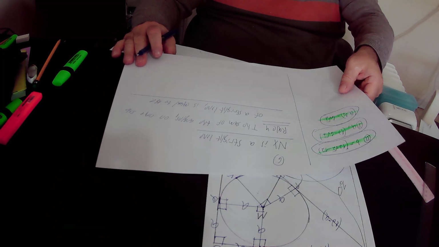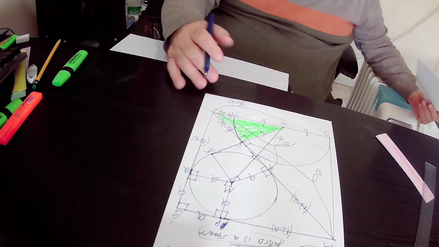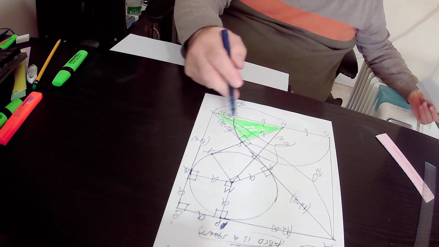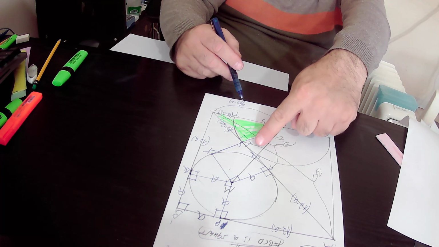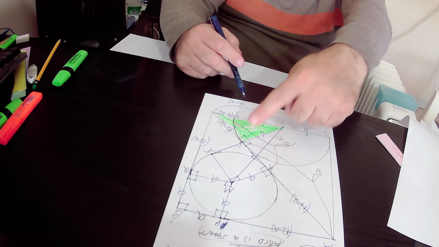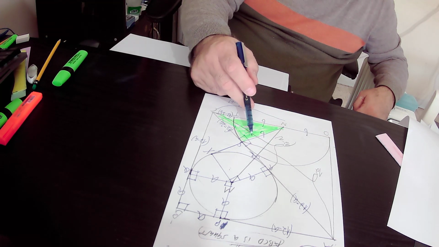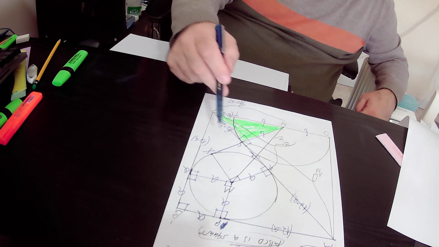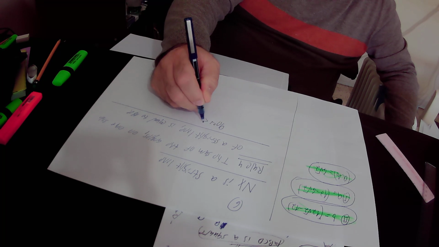So according to rule number 4, if we focus on the straight line NX on this side at point S, which angles do we have here? We have 90 degrees, and we also have angle RSX.